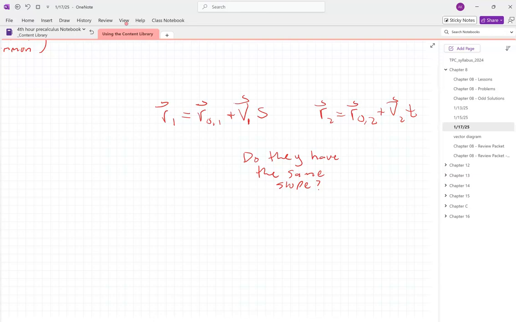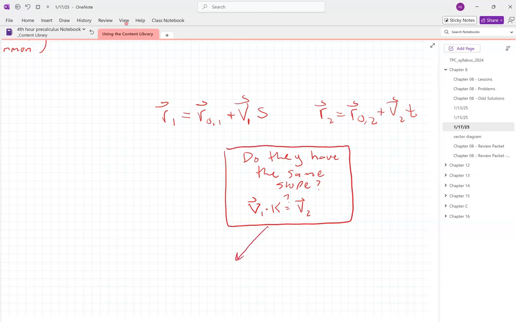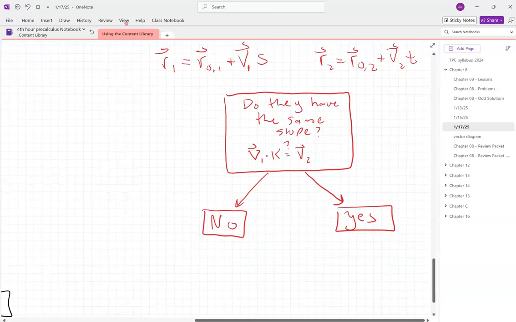So the first question we ask is, do they have the same slope? The way we check that is, we check if the slope vector for the first line is a scalar multiple of the slope vector for the second line. So that'll be a yes or no. And we'll do numeric examples with this in a moment when we're done.